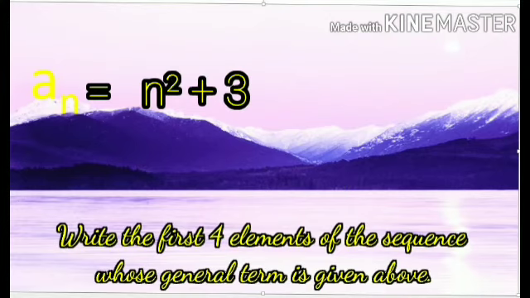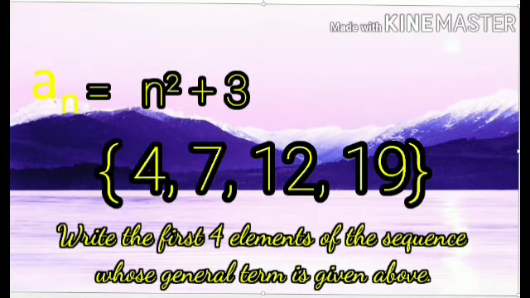A sub n is equal to n squared plus 3. Answer: 4, 7, 12, and 19.